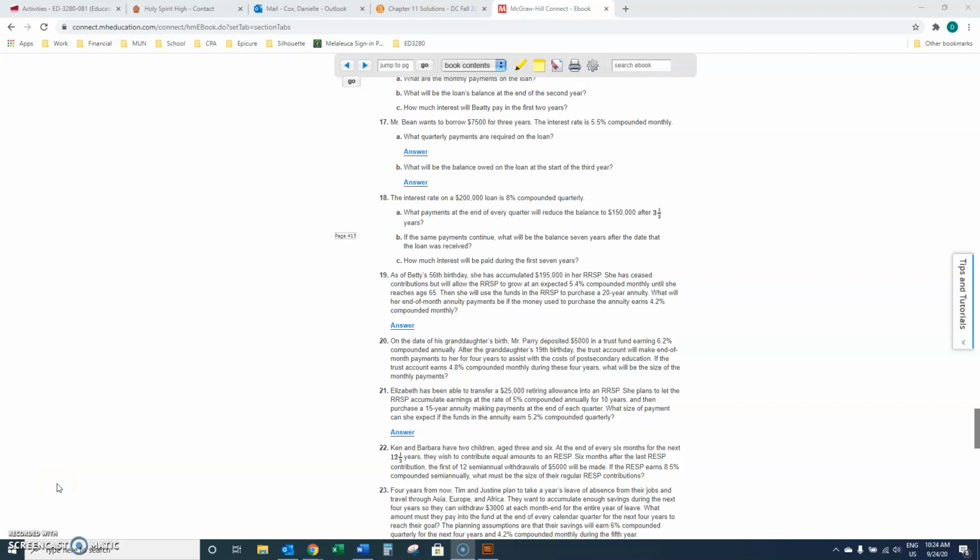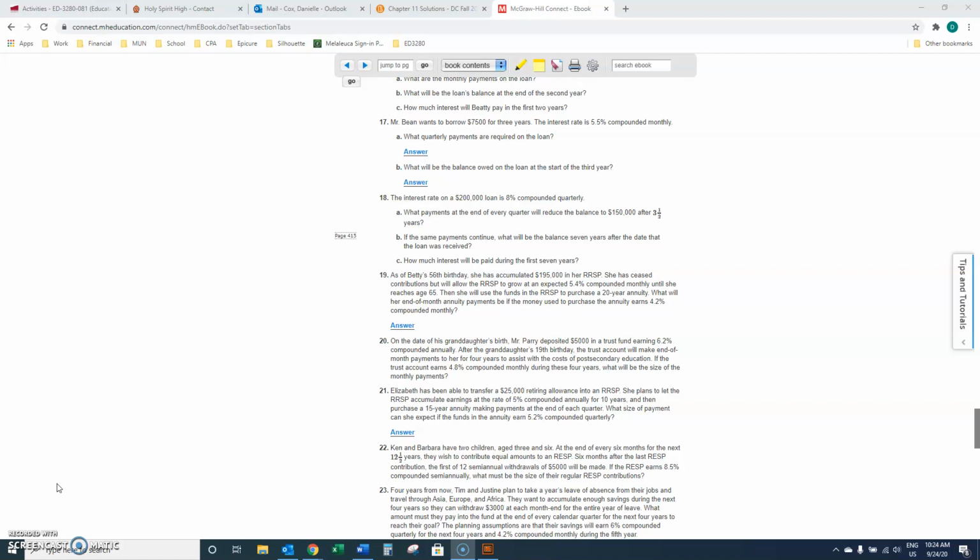Now we're going to take a look at 11.1, number 19. As of Betty Lou's 56th birthday, she has accumulated $195,000 in her RRSP. She has ceased contributions, but will allow the RRSP to grow at an expected 5.4% compounded monthly until she reaches age 65.